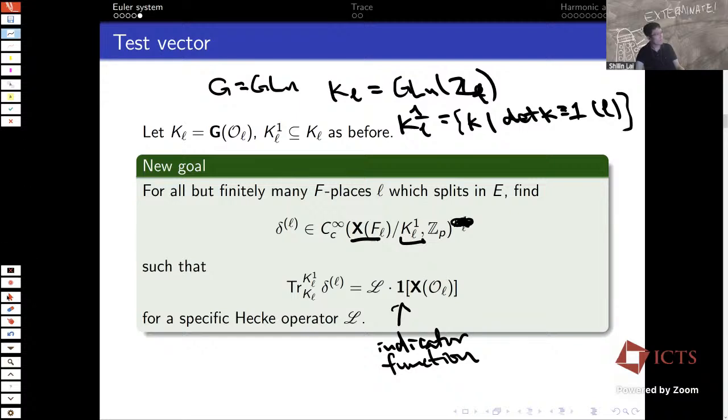Okay. So we need to find a function which is invariant under KL1, whose trace, once you take the trace down to KL, is the basic function, the indicator function of the unramified part of X, with a specific Hecke operator applied to it.